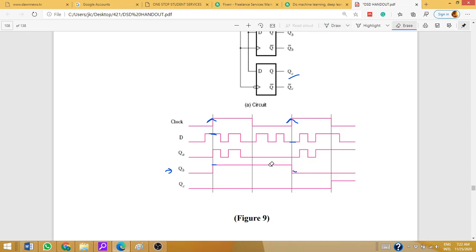Now if it is asking you to do QC, we are going to see QC here now. What is QC? QC is negative edge. So what should we see here, let me erase here first.